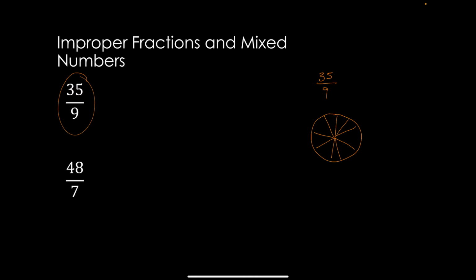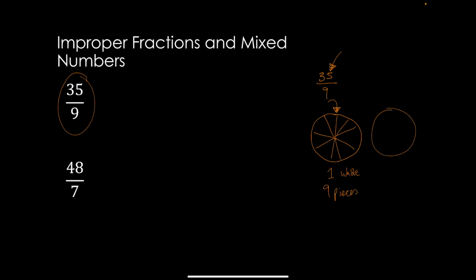And what it's saying is that for every 9 slices, I've got a whole one. Okay, one whole. So how many whole ones can I get out of 35 slices? That's what that means. Okay, so here's 9 slices.